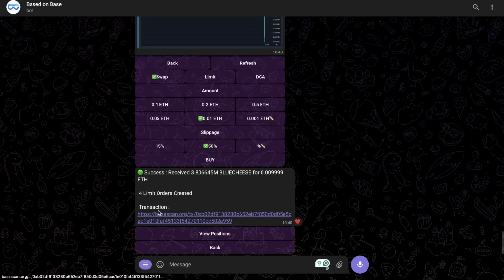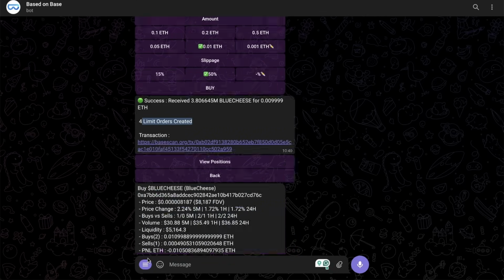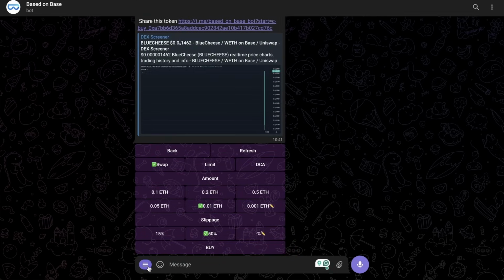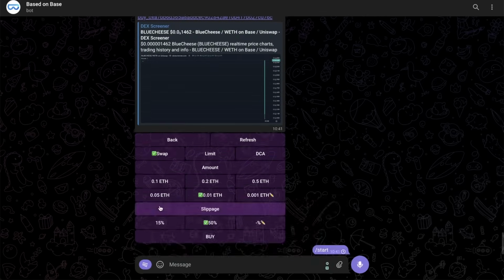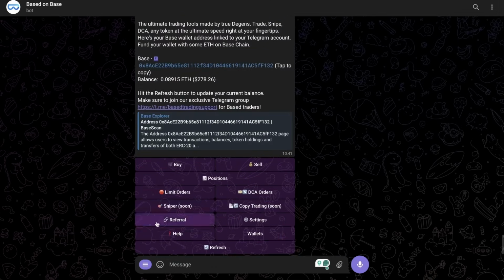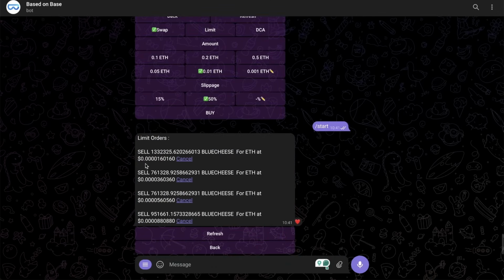There we go. We bought our blue cheese. And what is amazing is that automatically we have 4 limit orders created. You see that? This is what I love the most about Based, the power of automation that is behind it. So if I click on limit orders, I know that if blue cheese reaches this price, then I will sell that amount.